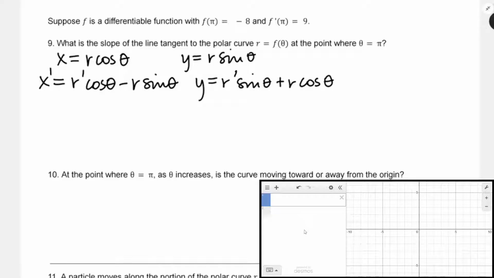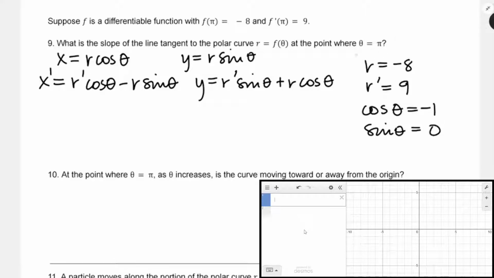Just going to use the product rule. Now I've got r equaling -8 and r prime equaling 9. Might as well say at theta equals pi, cosine theta equals -1 and sine theta equals 0.